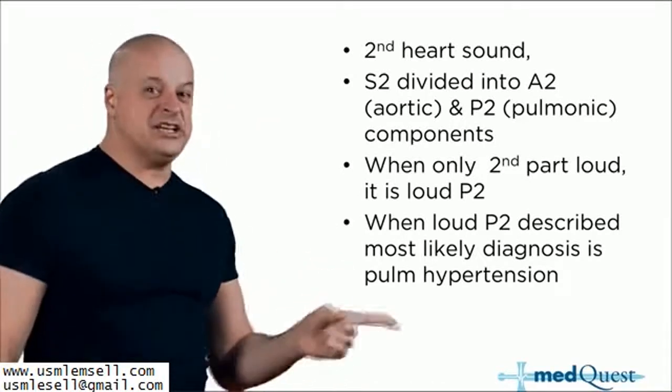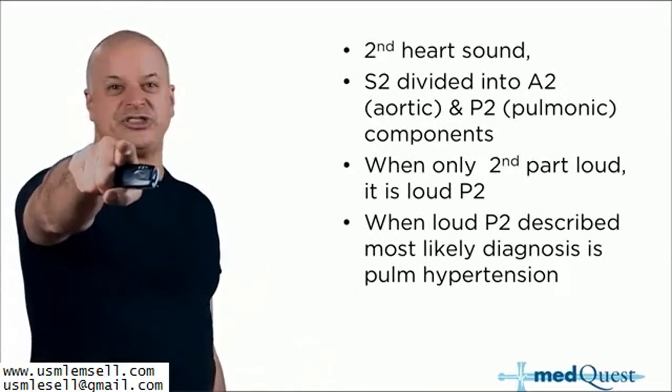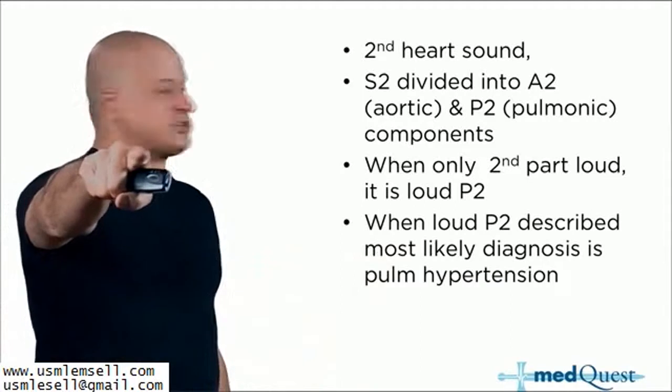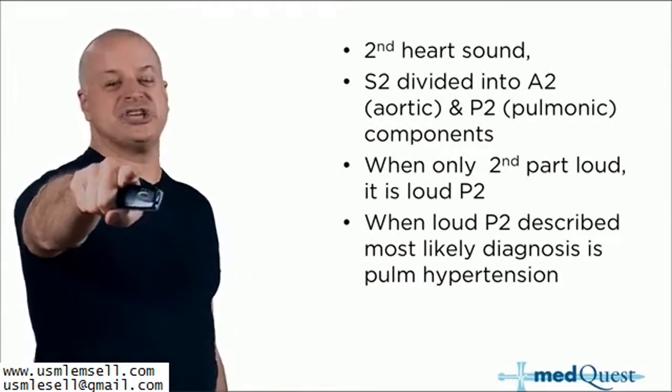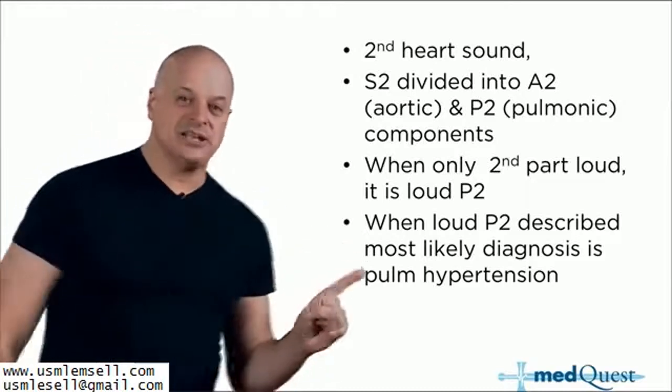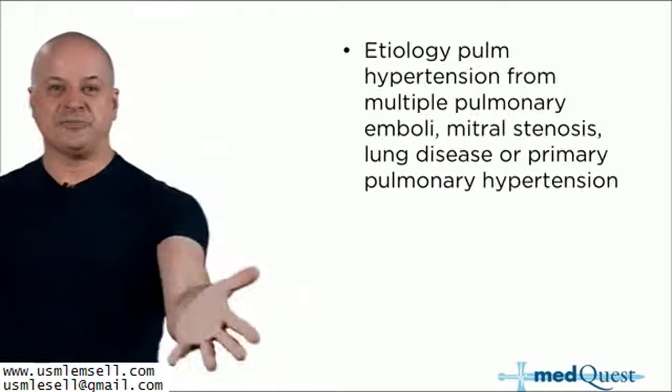Mechanism: endothelin overgrowth. There's the pharmacology: endothelin antagonists, ambrisentan, bosentan, inhibit endothelin in the pulmonary artery, because pulmonary artery hypertension gives a loud P2.